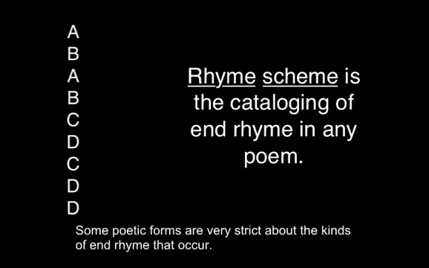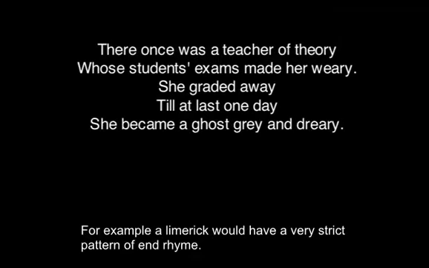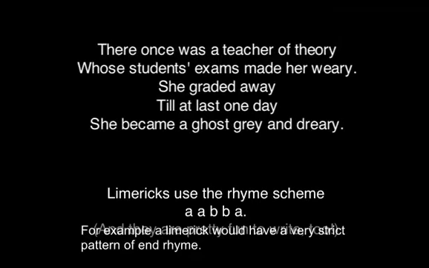The rhyme scheme of this stanza or set of lines, A, B, A, B, C, D, C, D, D. Some poetic forms are very strict about the kinds of rhyme, of end rhyme that occur. For example, a limerick would have a very strict pattern of end rhyme.